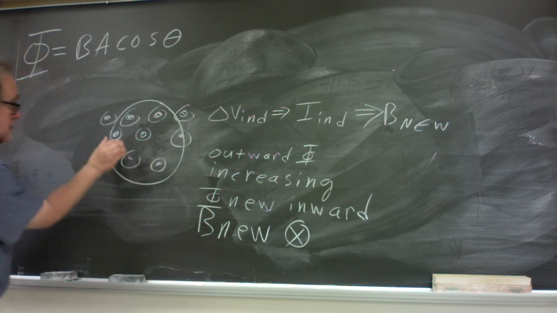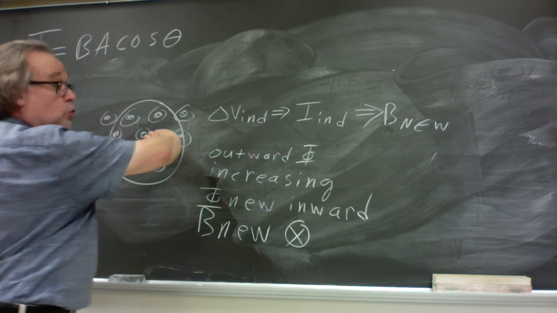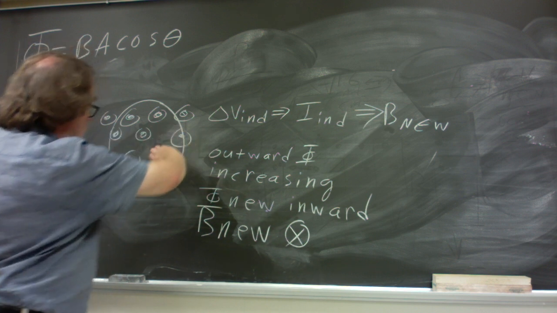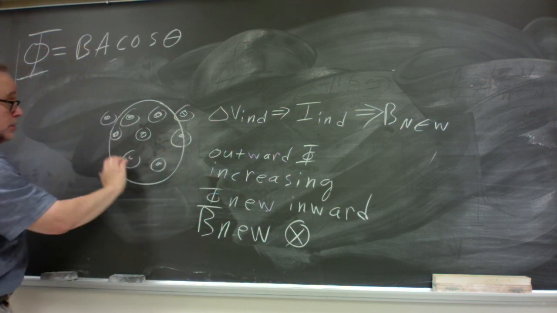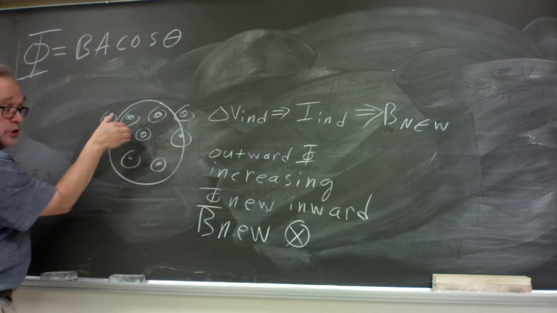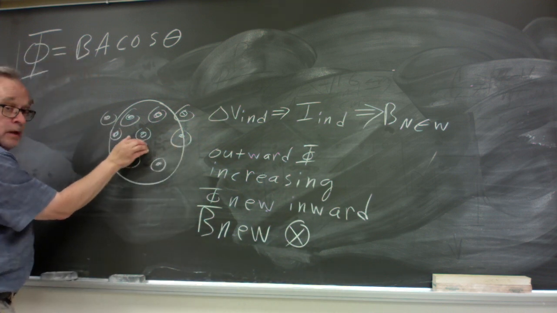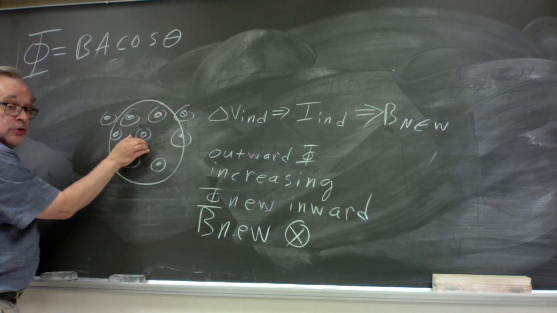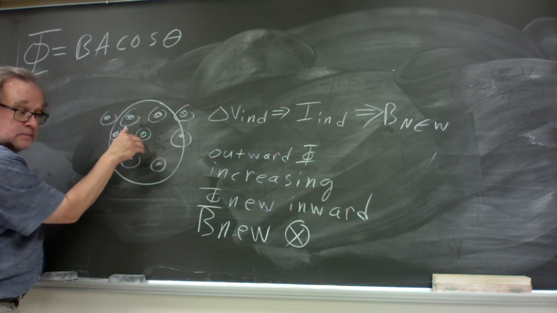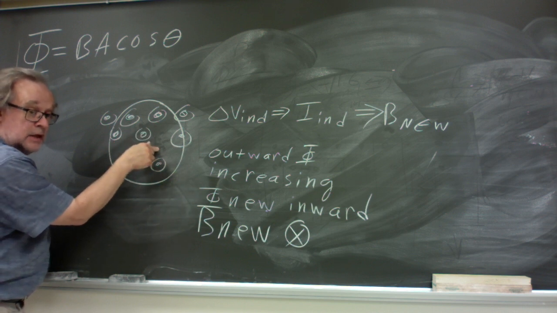So that means clockwise current. The new current, the induced current, has to be clockwise. Because if you let your thumb go in the direction of clockwise current and then curl your fingers, at points inside the loop, your fingers will be pointing into the paper, into the blackboard.